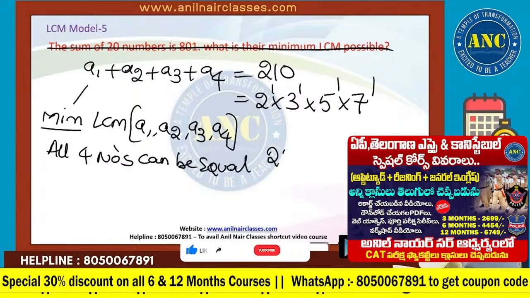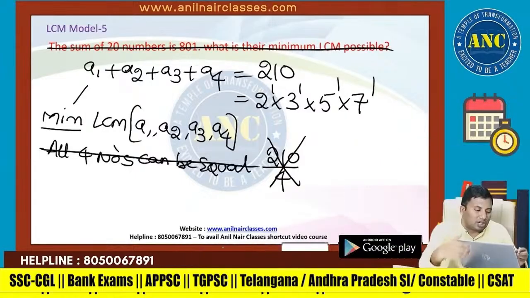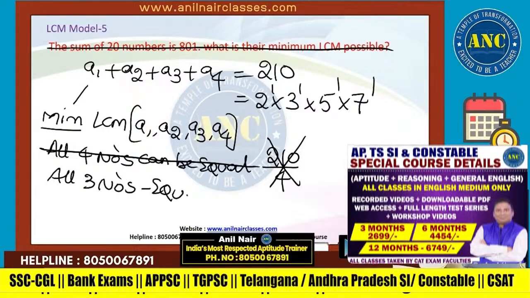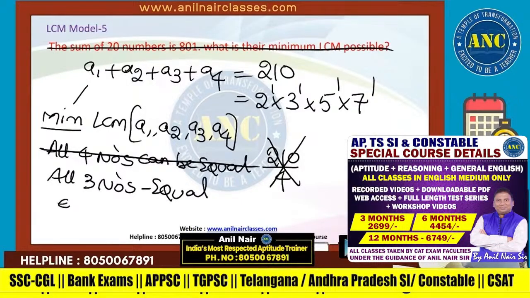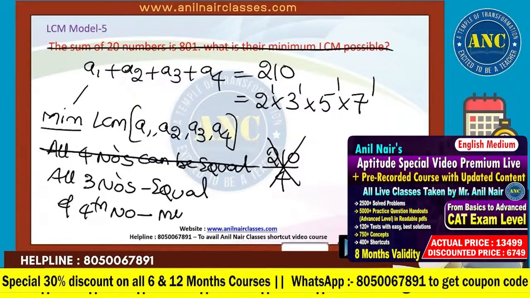But 210 divided by 4, 210 is not divisible by 4. So the first case, all four numbers equal, is not possible. Second case, three numbers are equal, and the fourth number should be a multiple of the other numbers.